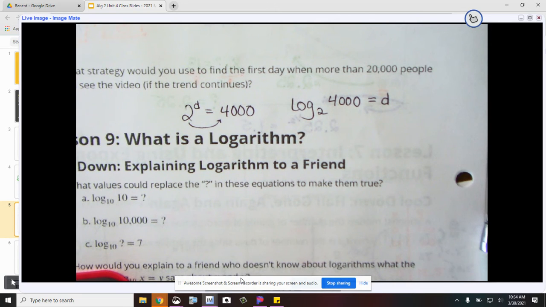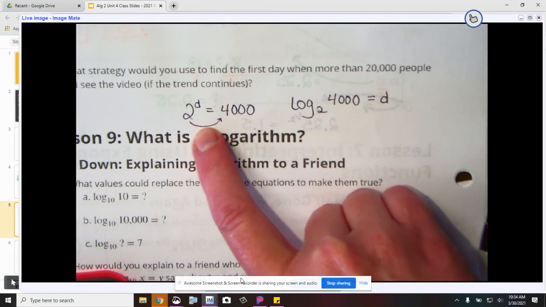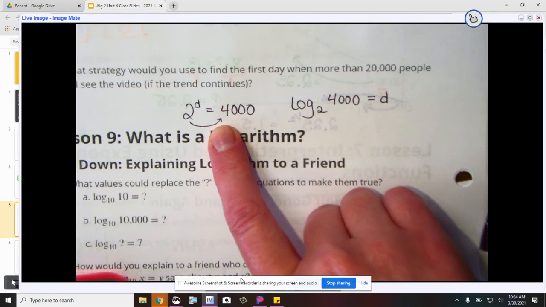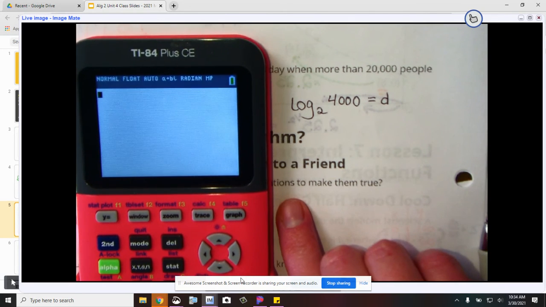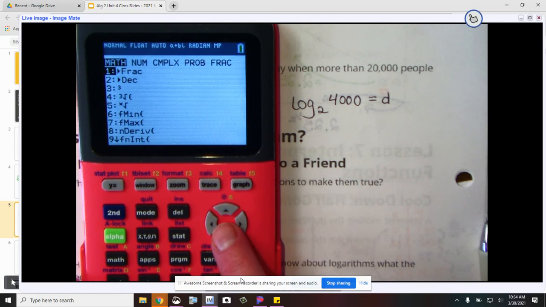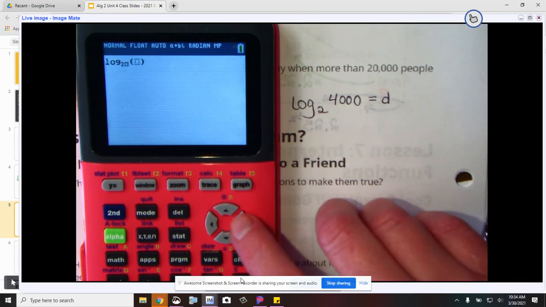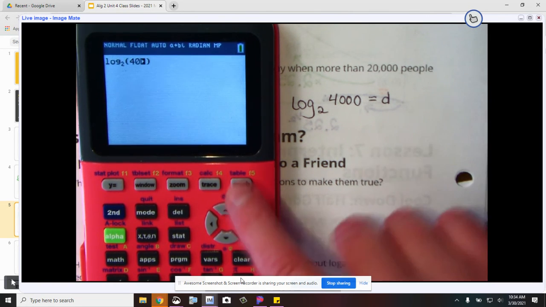Now this is kind of cool because it's going to give us a super precise answer, a decimal right away. So this is what we just barely introduced yesterday. On a graphing calculator, we could go to the math button, scroll down until we have the log base, and enter it in so it looks like what we just wrote.